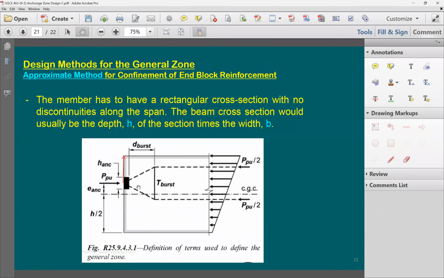And this distance here, you're going to be using it to be exactly the same as d of the bearing, the location of the bearing force, which means the tension force is going to be happening at a distance equal to the distance from the point load to the closest top or bottom of the beam.